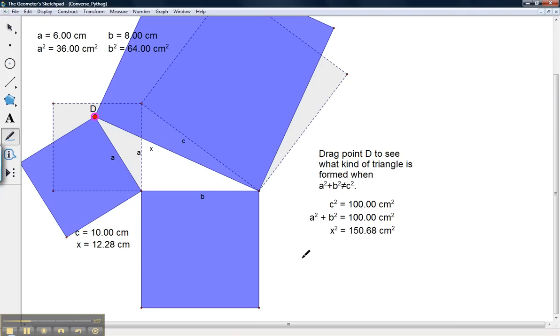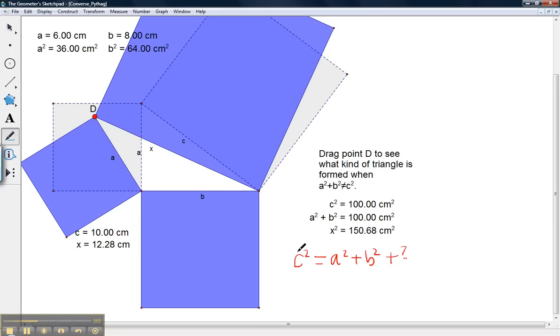Let me summarize this here. If c squared is exactly equal to a squared plus b squared, I know it's a right triangle. Okay, but what if c squared is bigger than a squared plus b squared? I know it's an obtuse triangle. So to make this equation still work, I would have to add in something.